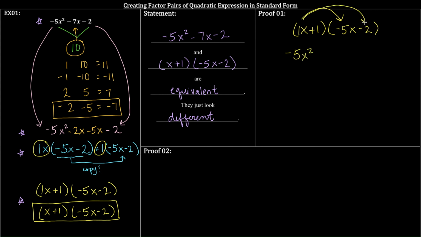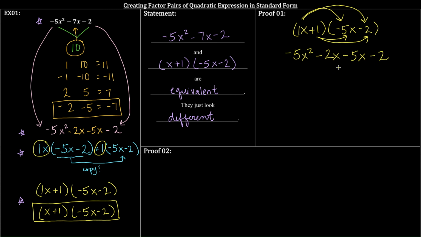A positive times a negative is a negative. 1 times 2 is 2. X times no x, there's still an x. A positive times a negative is a negative. 1 times negative 5x would be 5x. 1 times 5 is 5, right? And then a positive times a negative is a negative again. 1 times 2 is 2.